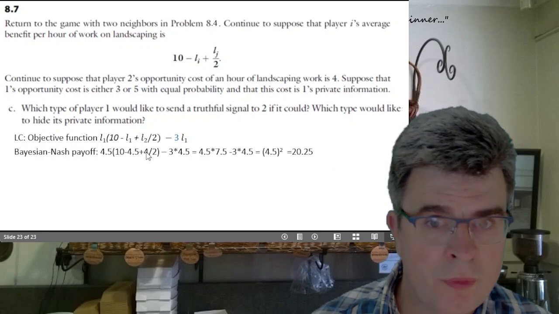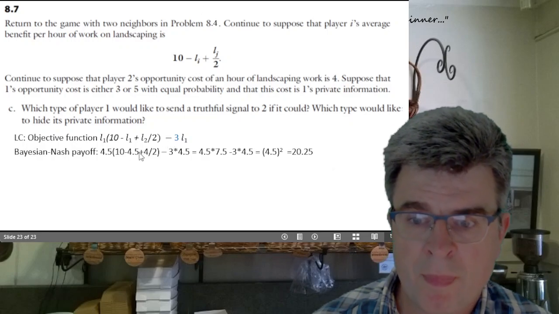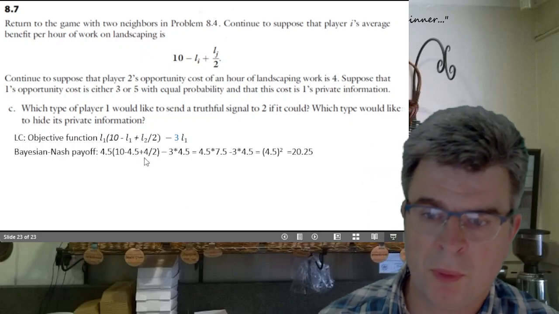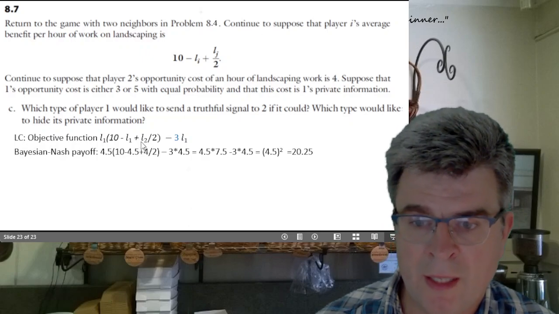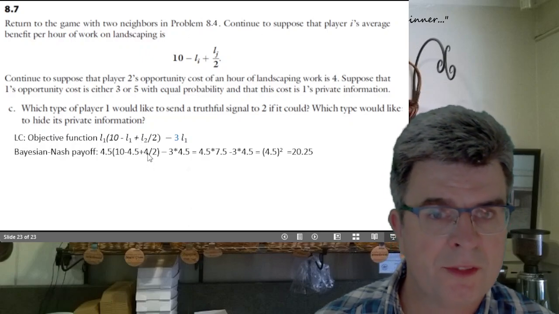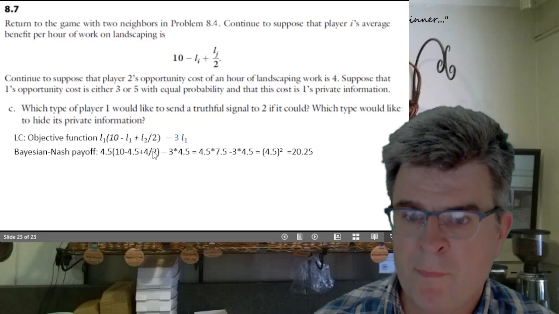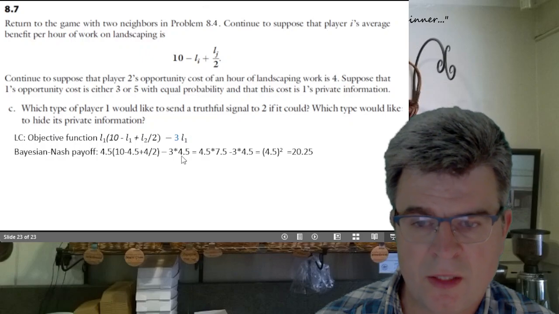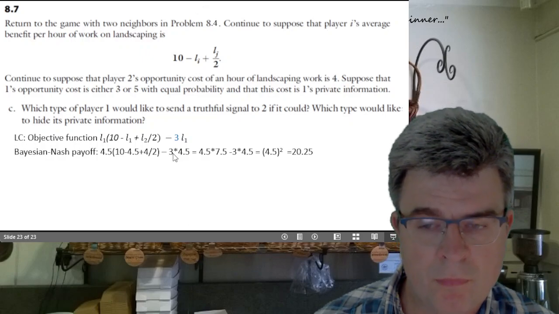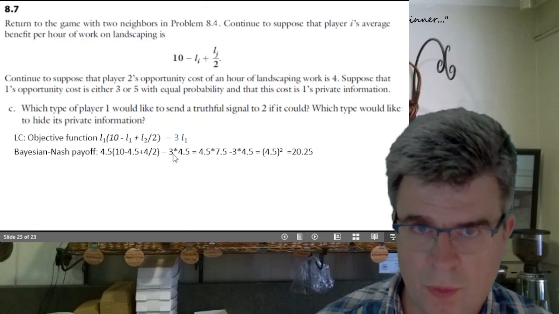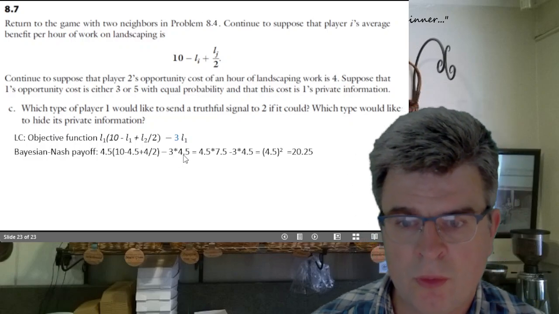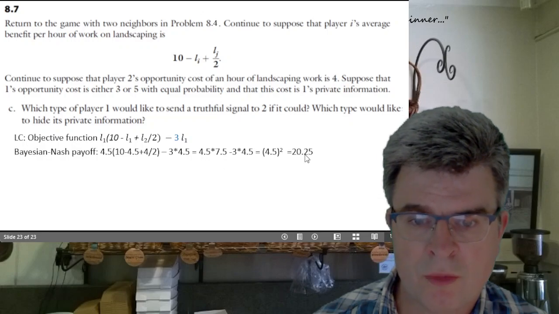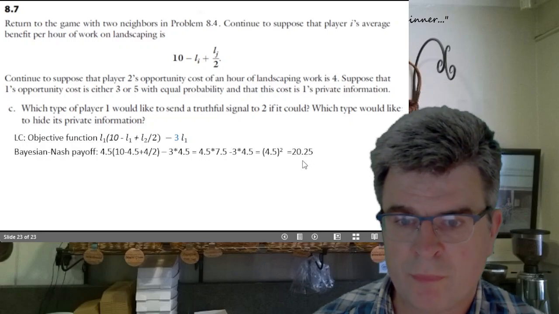If you don't reveal this information to your neighbor, then neighbor 2 will play against the average best response. So it will supply an effort level of 4, as we found in question A. So these are your total benefits, and the total cost is, your cost per hour is 3 for the low cost type, and your number of hours is 4.5, and your total payoff is equal to 20.25.